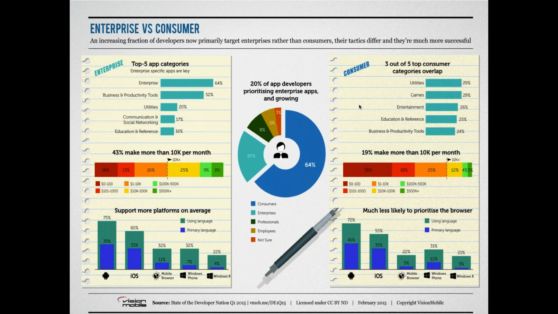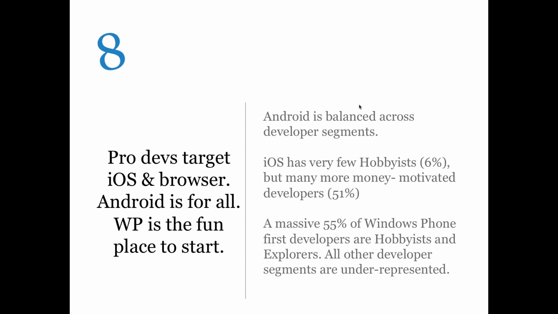Finally, I'll talk about segments. At VisionMobile, we've long focused and sharpened our understanding of developer segments, and we're the first to pioneer, and as far as I know, the only company that's using a psychographic model and not looking at skills or demographics or educational level, but looking at really why developers make commitments, spend time, effort, money into a platform, into an API, into a tool set.